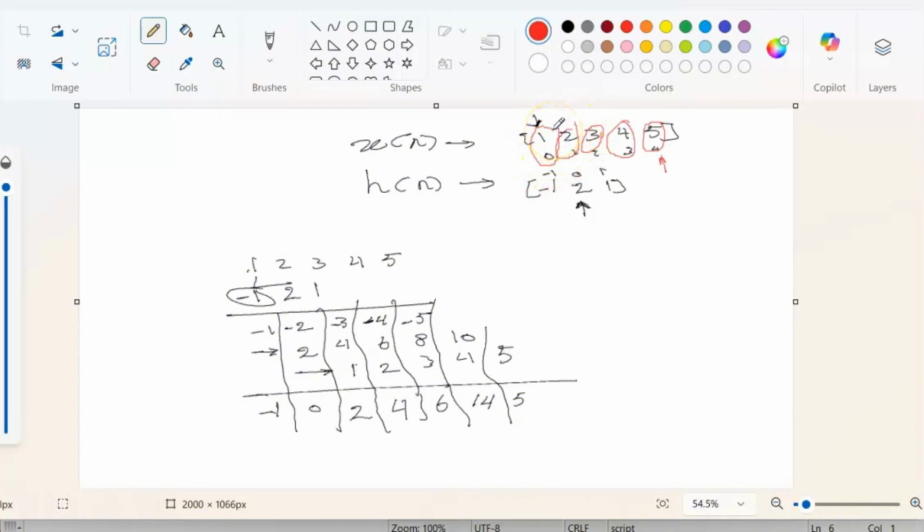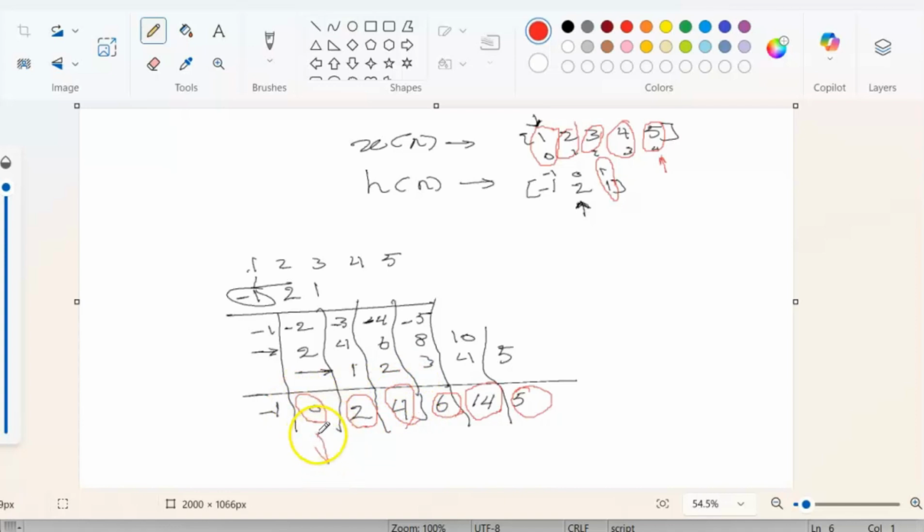If you look here, I counted the 0 position for the first one only. For the next ones, I'm not counting the 0 position. So how many samples do we have? 1, 2, 3, 4, 5, 6. So now I come here and say 1, 2, 3, 4, 5, and 6.